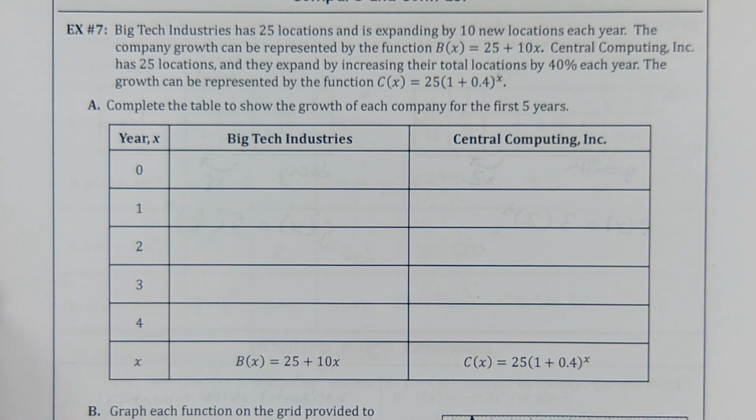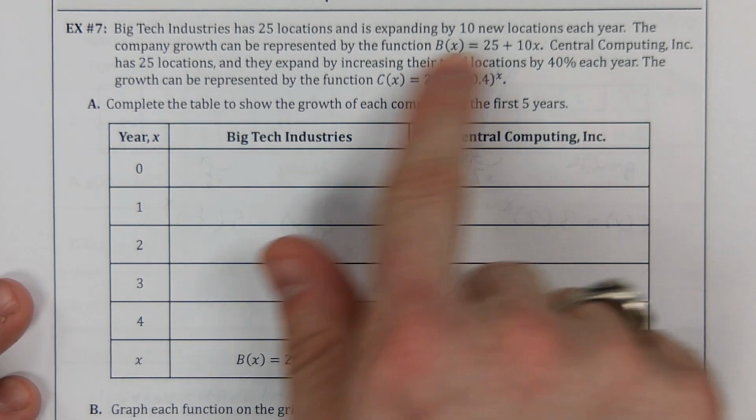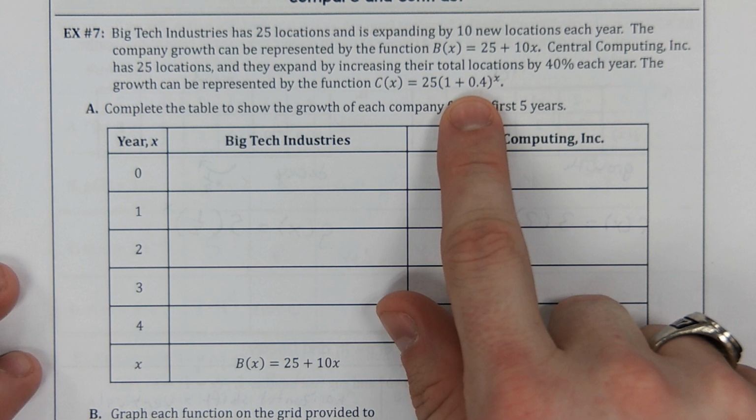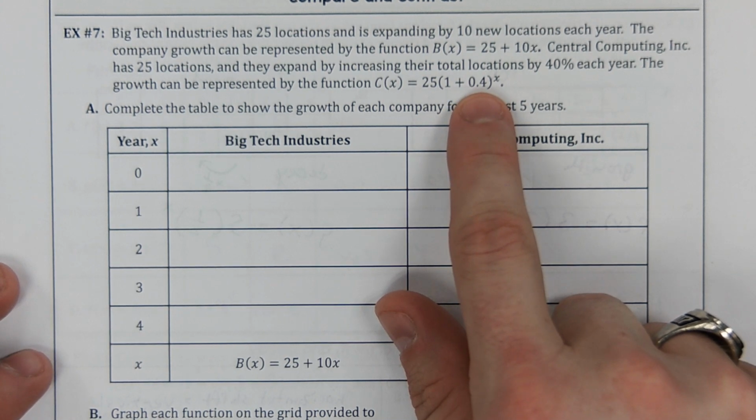Central Computing Inc. has 25 locations initially as well. They expand by increasing their total locations by 40% each year. That is a growth rate. The rate is a 40% growth rate. Their function is 25 times (1 plus 0.4) to the x.